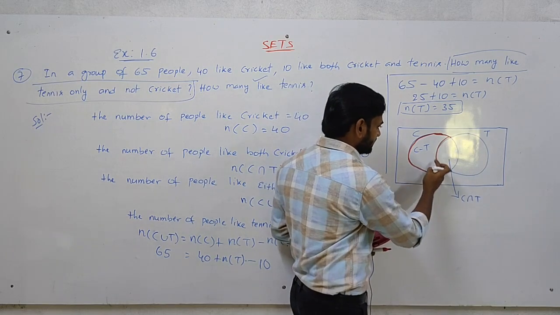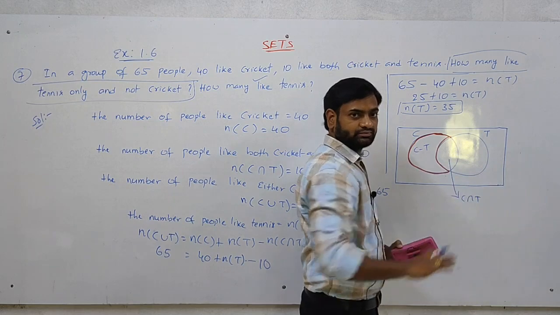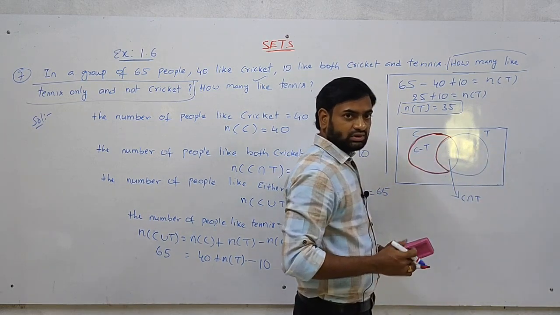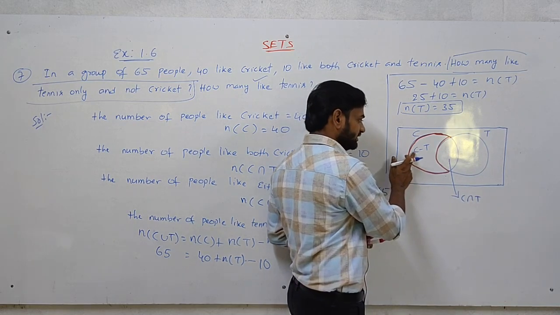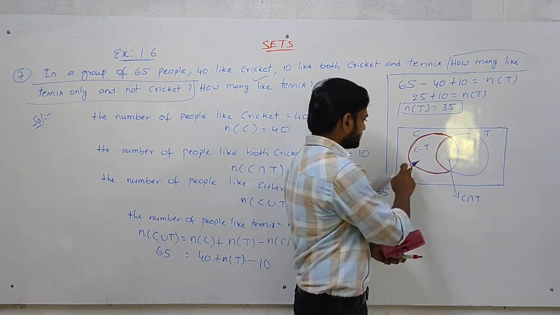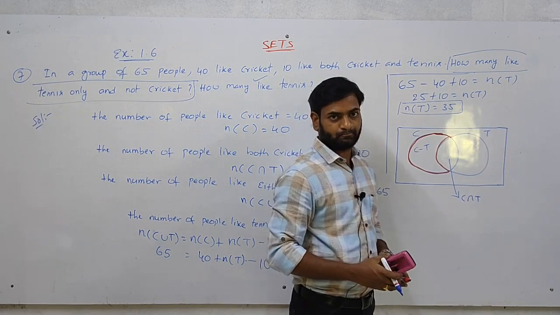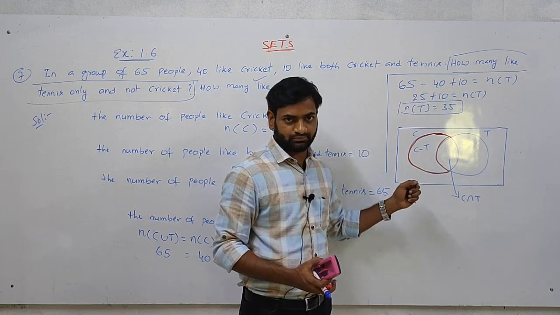This is the full T. That one I am deleting. That is C minus T. So C minus T means the number of people who like cricket but not tennis.